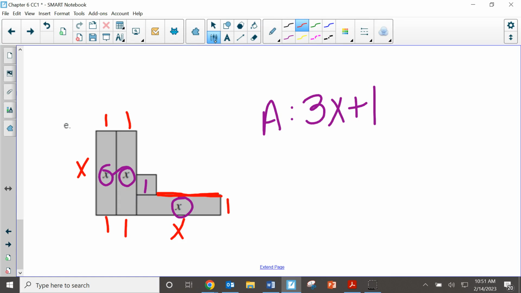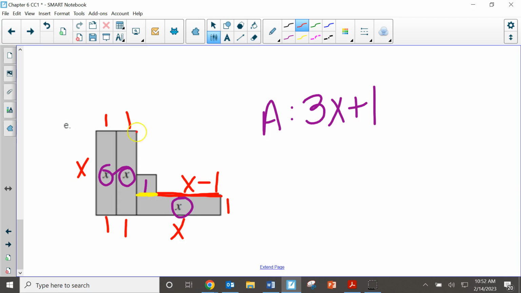So this side is x minus 1 because we know that this side length right here is worth 1 and we're not going to put a fence there. So we're going to take this full x side, but we're going to get rid of this 1 unit.